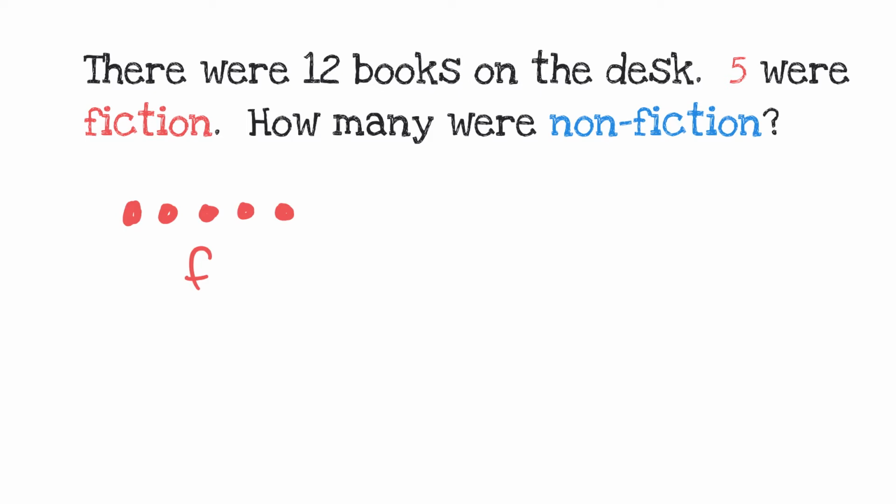So we've got 5, then we have 6, 7, 8, 9, 10, 11, 12. and I'm going to put an NF there for nonfiction. And we need to come up with an addition problem for this, don't we, too?